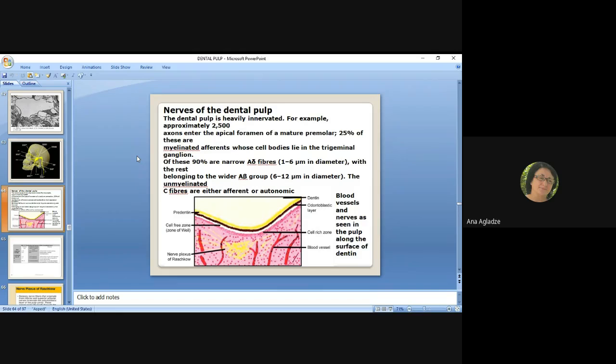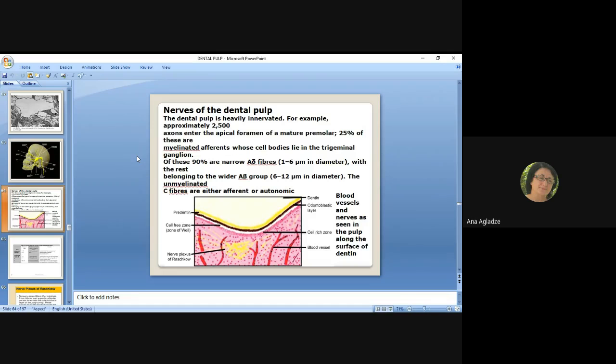Approximately 150 to maybe 1,500 individual axons run within these nerve bundles, and the average diameter is about 4 micrometers. These bundles of nerve fibers mostly remain combined as they pass through the radicular pulp.